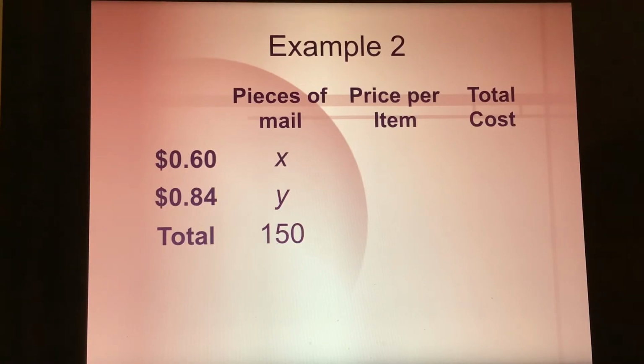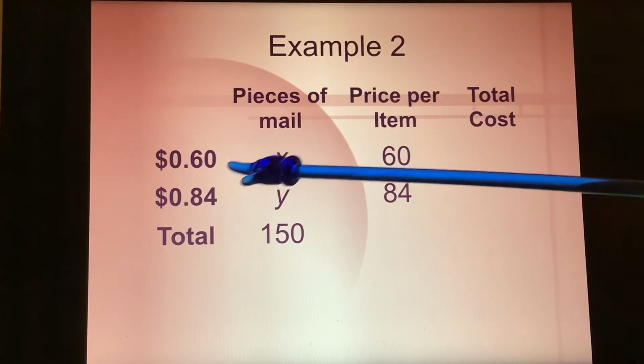Now, the price per item is 60 for the 60-cent stamps, and then 84 for the 84-cent stamps. Basically, they multiplied 60 cents times 100.